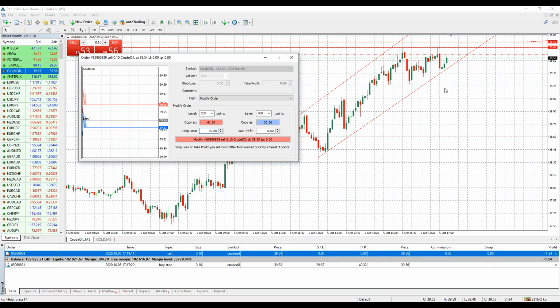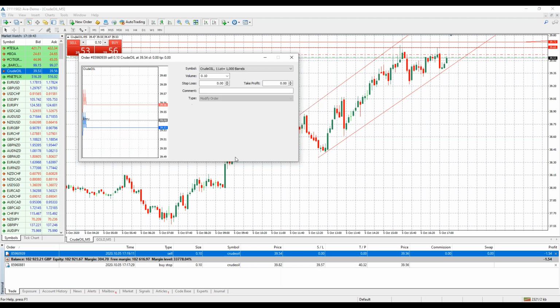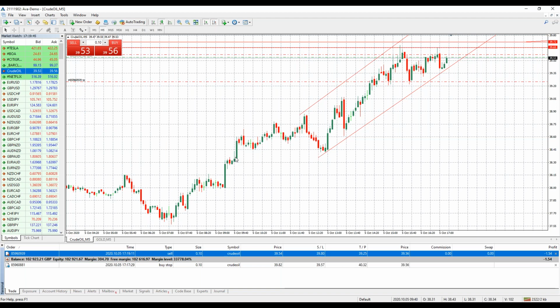My take profit might be the first support level down here, 39.25. Okay, so there's a nice little scalp move in the opposite direction. I'm risking a little less than what my potential profit is.